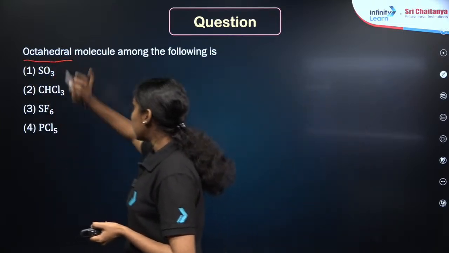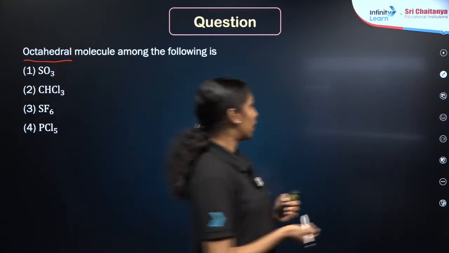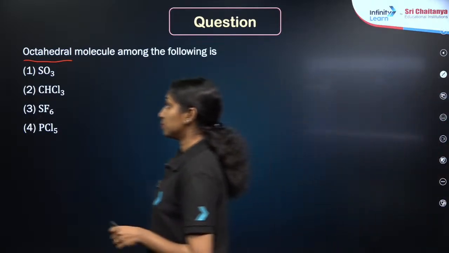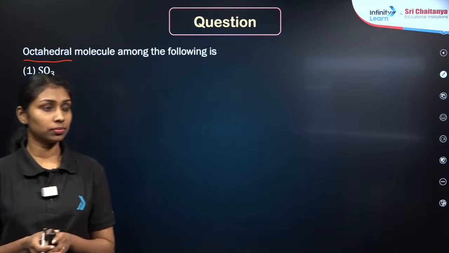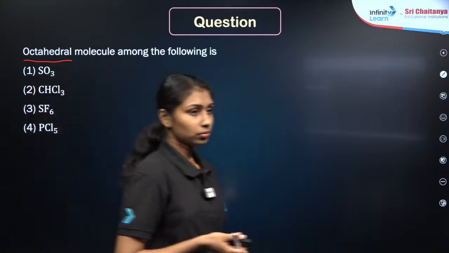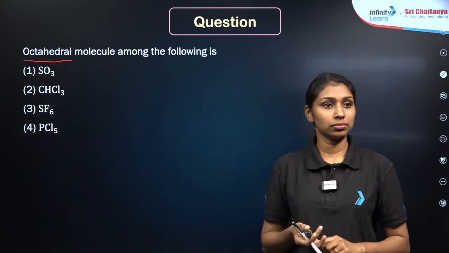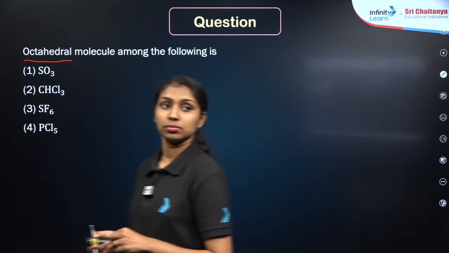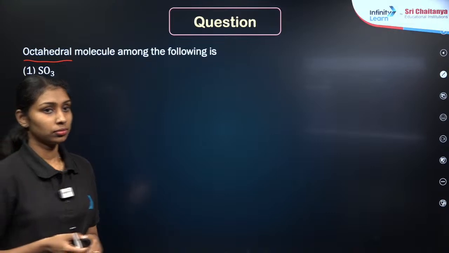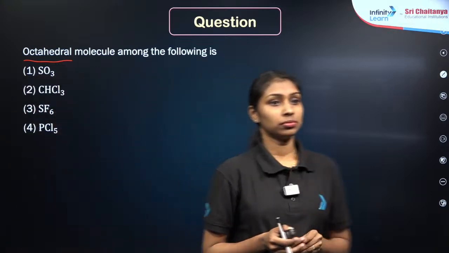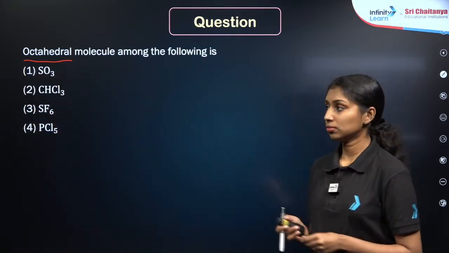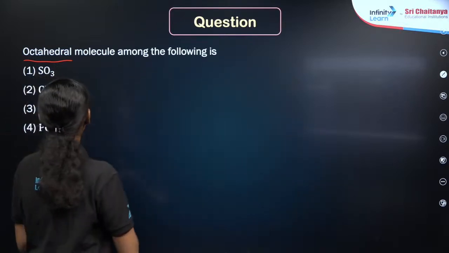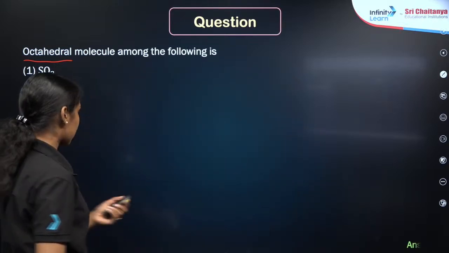Find the molecule having the octahedral geometry. What will be the answer? Option 3, SF6.